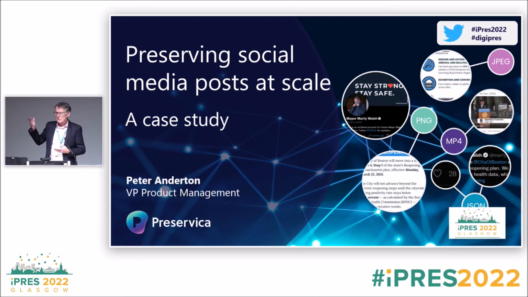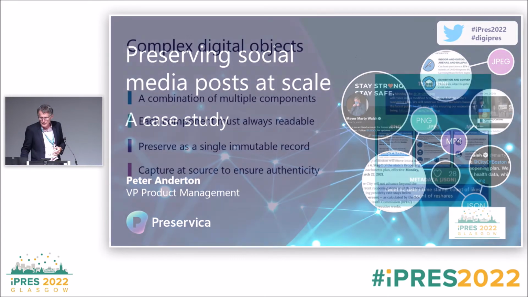Government bodies and states are communicating using tweets, so they need to be preserved. The other aspect that's interesting about them is they are multi-part assets. They consist of many parts: 280 characters, 4 images, or 1 video. They need preserving in a specific way to keep the atomic tweet preserved. So that's what I'm going to be talking about.